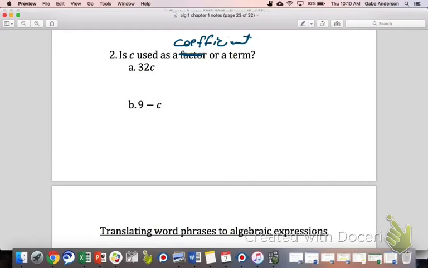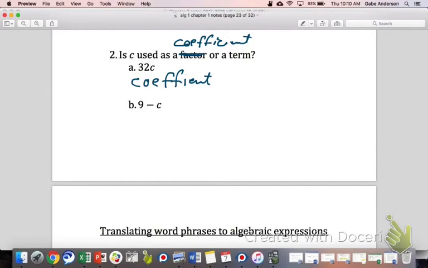A factor would be just as accurate. But it's 32 times C, right? What operation holds terms together? Multiplication. Do you see how it's 32 times C? So you could call the 32 a coefficient. You could also call the C a coefficient. Factor is probably the better word, but I wanted to be consistent with what we've been using here. So I would say in A, we could call C a coefficient.